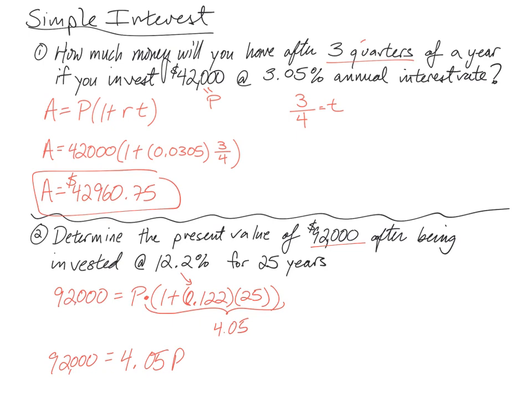And I guess all we have to do now is just divide by 4.05. That's how we would isolate P. So this tells us that the initial amount that we invested would be $22,716.05 if you round correctly.